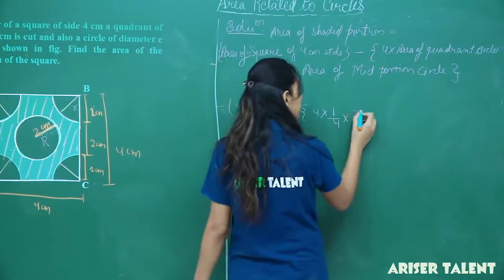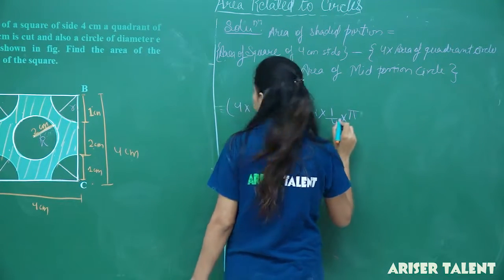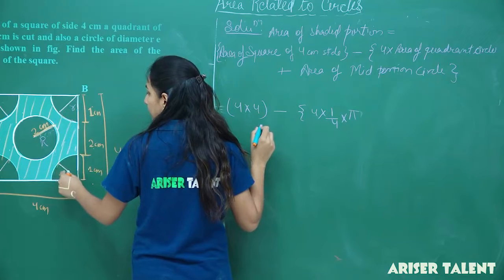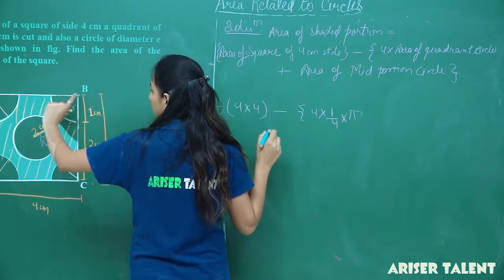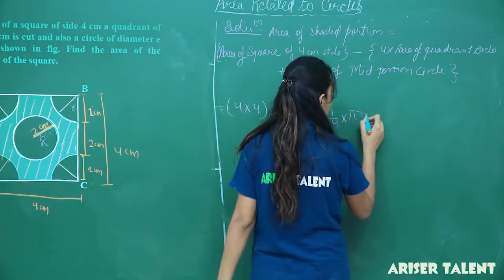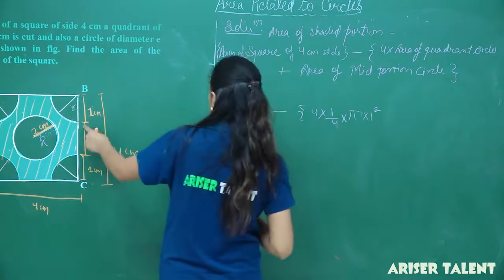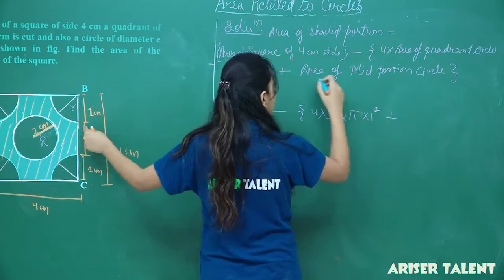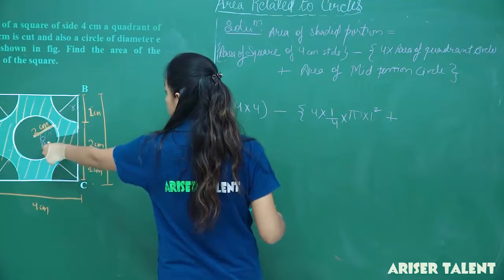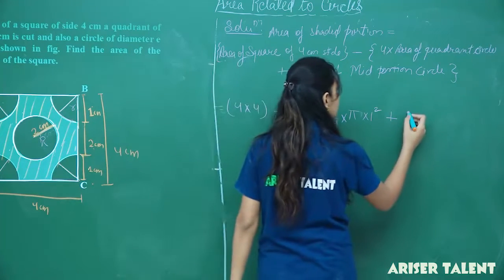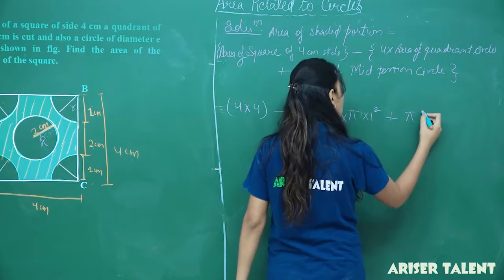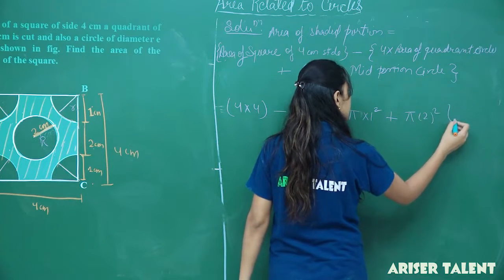So, 1 by 4 pi r square. Now, what is r? R is given as 1 centimeter for this. This will be the radius. So, multiply by 1 square, plus the area of the mid portion circle. The mid portion circle's radius is 2. So, that will be pi r square, and r is 2.